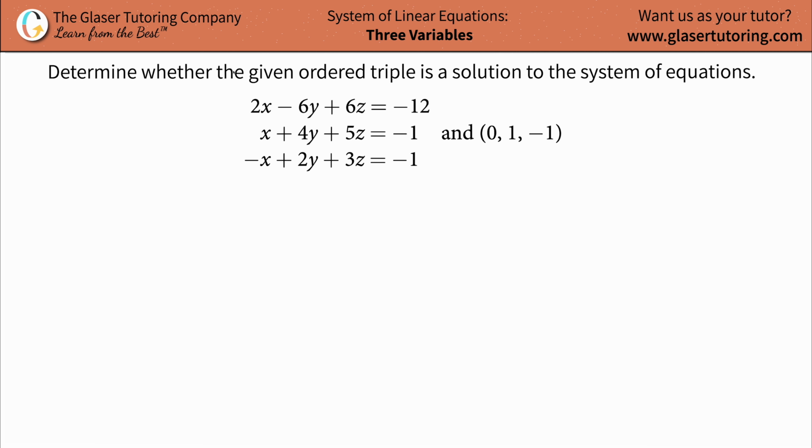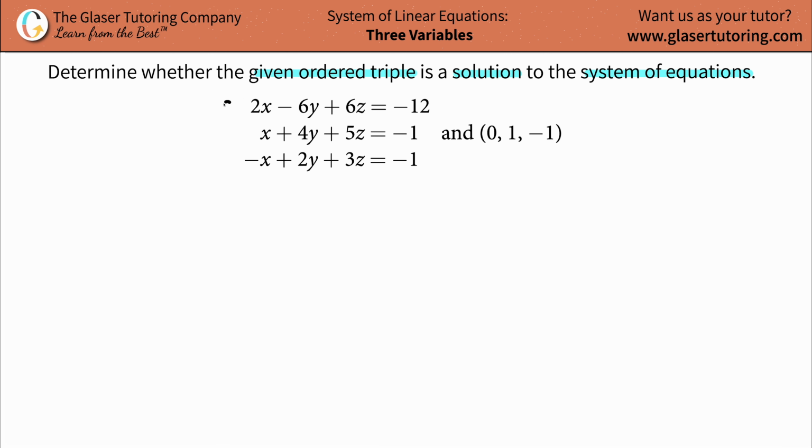In this question we have to determine whether the given ordered triple is a solution to the system of equations. A system of equations is just saying that you have two or more equations that might be related to each other, whether they're crossing paths in one, in this case, one triple, or maybe they're the same equation.